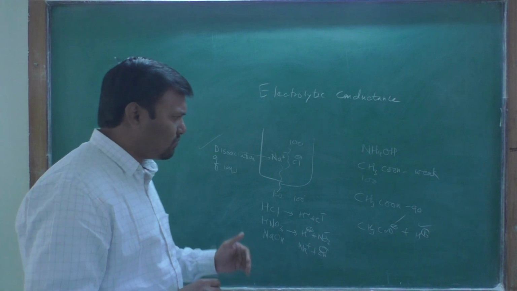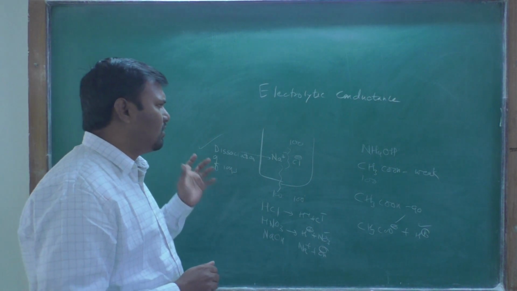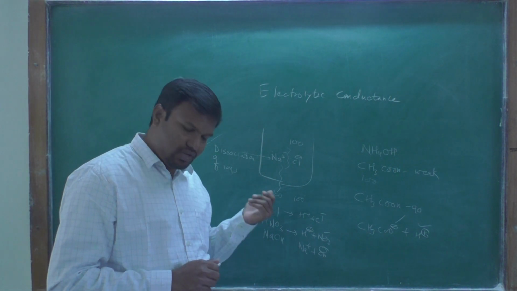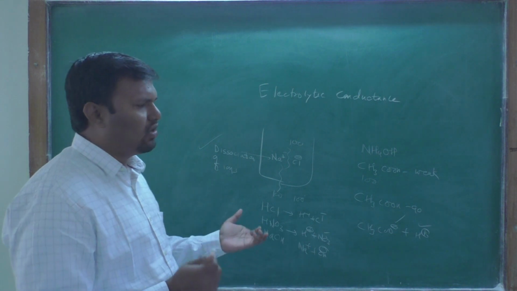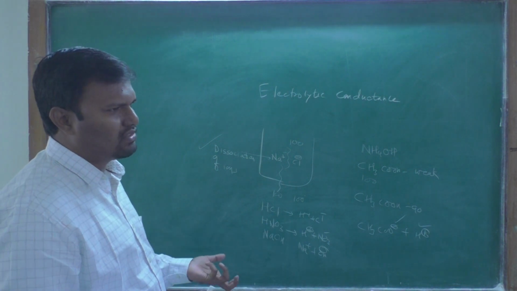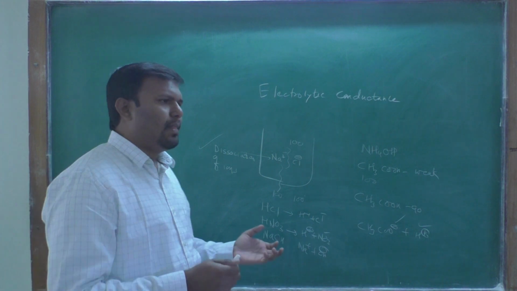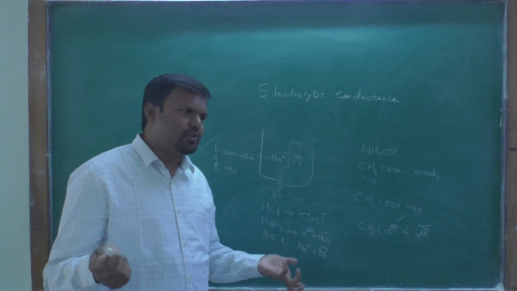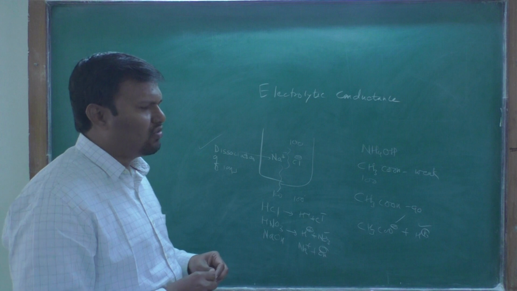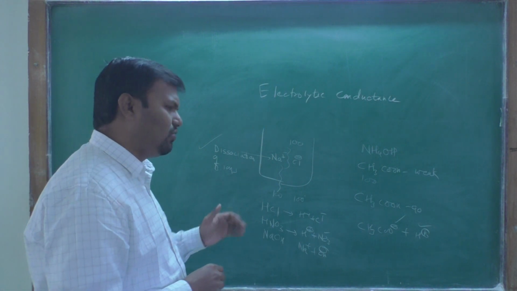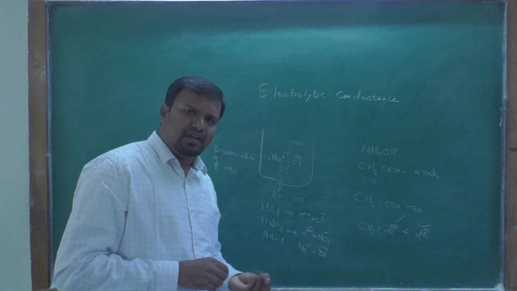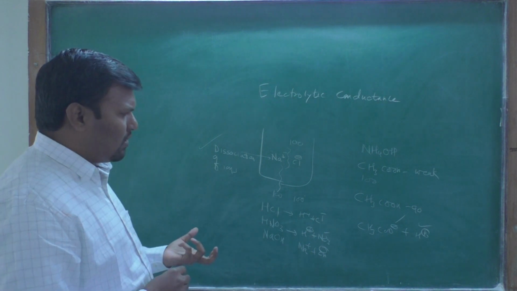Non-electrolyte means it does not dissociate, it does not give ions in its aqueous solution, and is not responsible for carrying the current. And electrolyte is again divided into strong electrolyte and weak electrolyte.